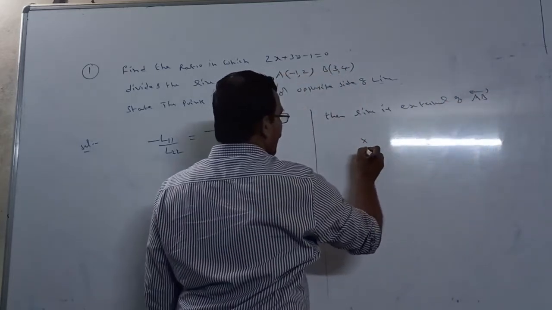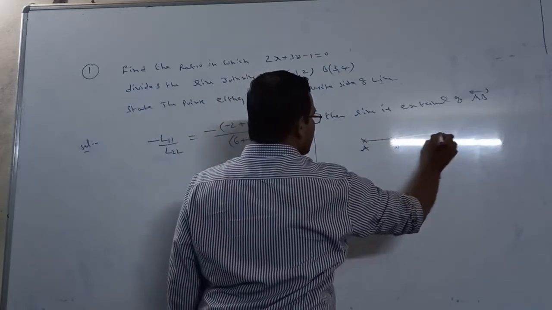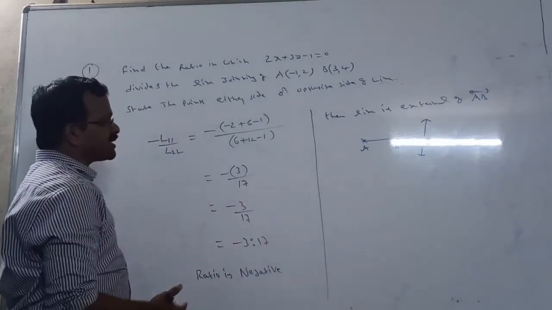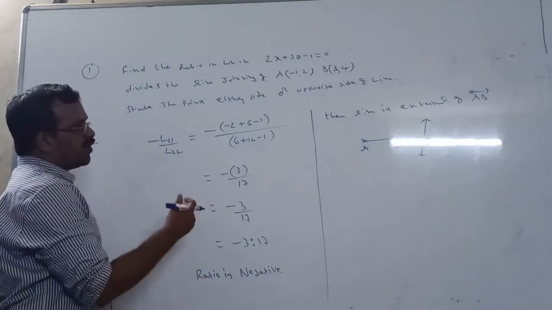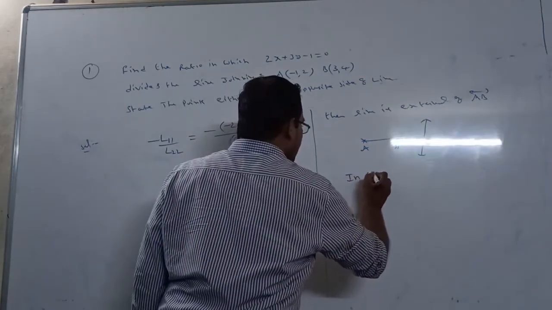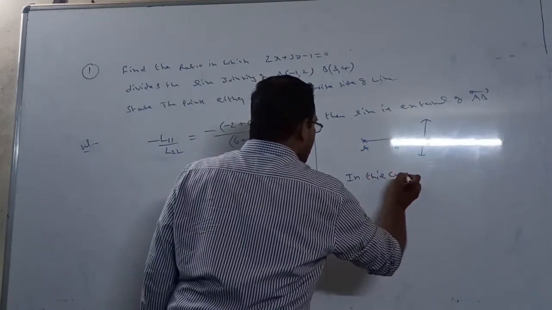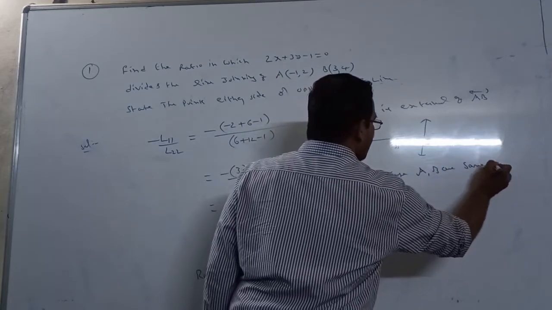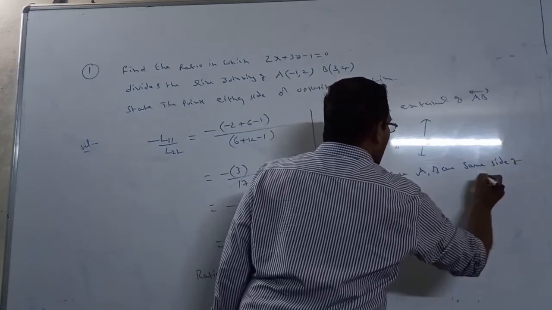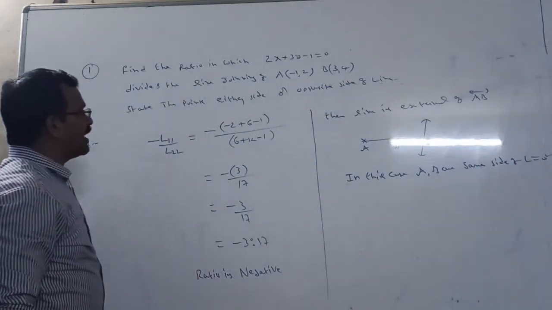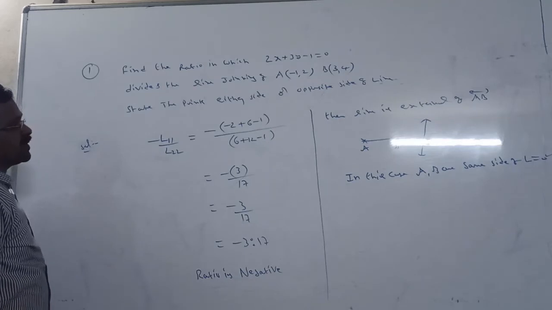That means the points should be like this, line is like this. Ratio negative means the line is external. In this case, both points are on the same side. A comma B are on the same side of L equal to 0. In this manner, we should find the nature of the points with respect to the line.